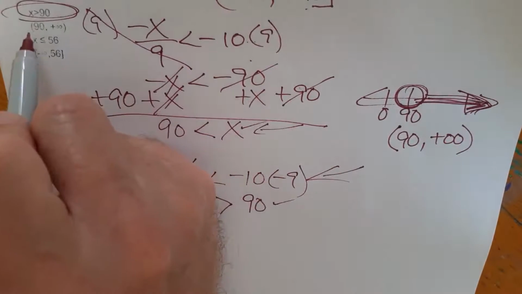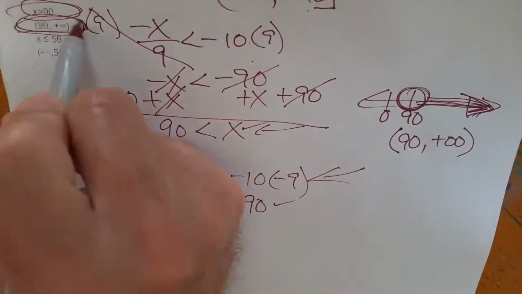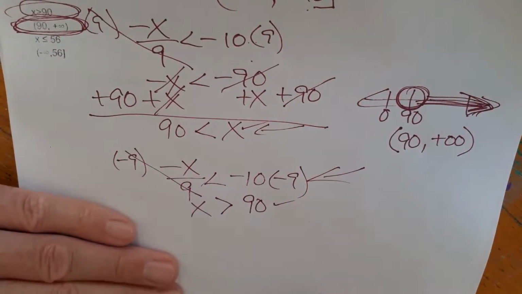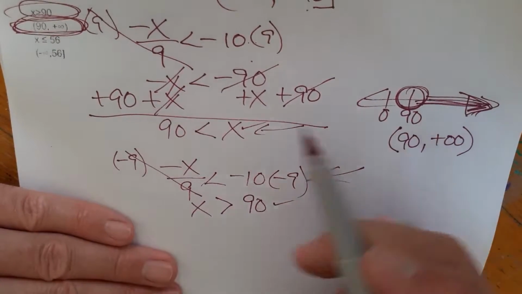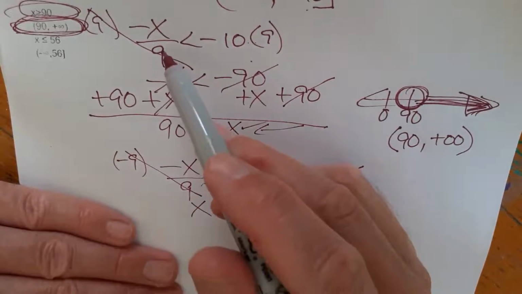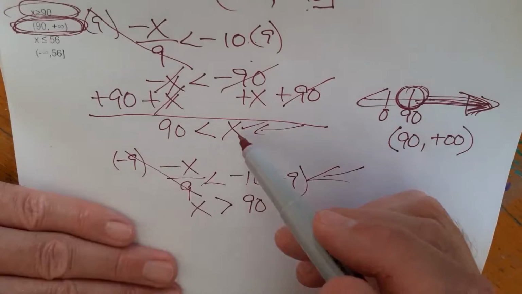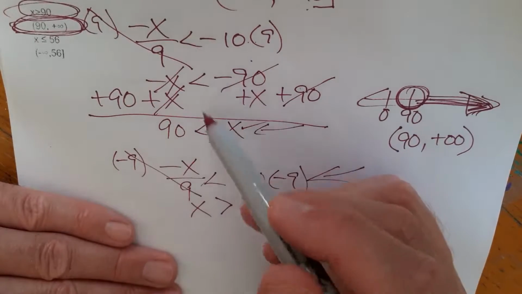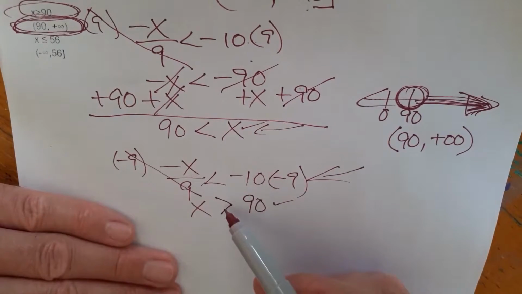Right here. So this is the set notation. And this is the reason why when we multiply or divide by a negative, we flip the sign, because this whole thing occurs and the sides actually switch while the sign stays the same. This way, we keep the sides the same and switch the sign.